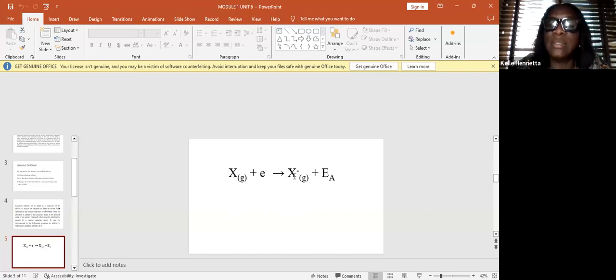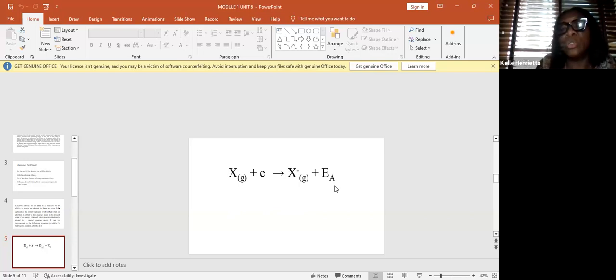It now forms an anion carrying a negative charge, plus the energy, this E subscript A, that's the symbol for electron affinity. So it's just showing the energy that has been released or absorbed in the formation of this ion, in this atom gaining an electron.